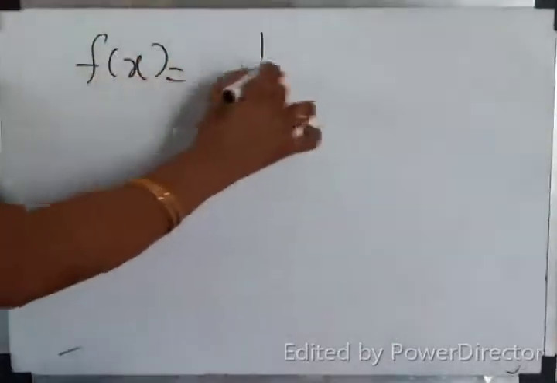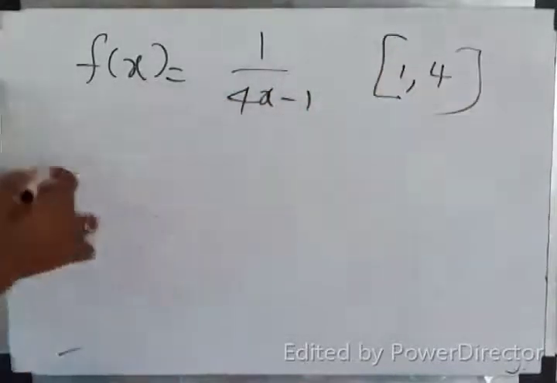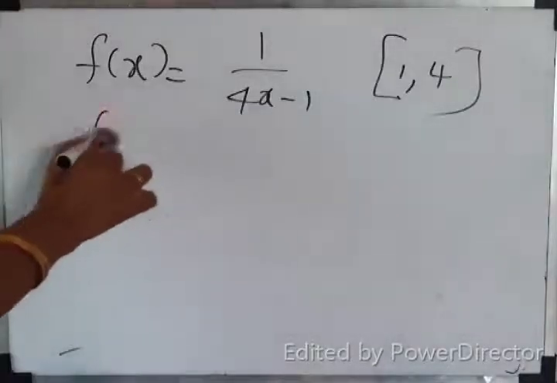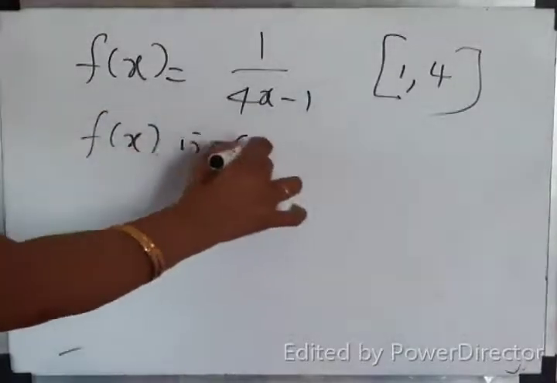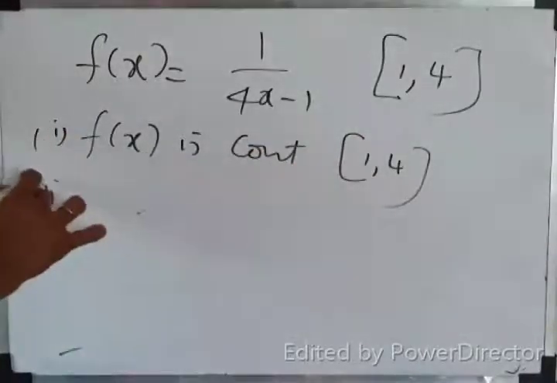Okay. Third sum, f of x equal to 1 by (4x minus 1) in the interval (1, 4). So what will we write? First point: f of x is continuous in the closed interval. What is my second point?